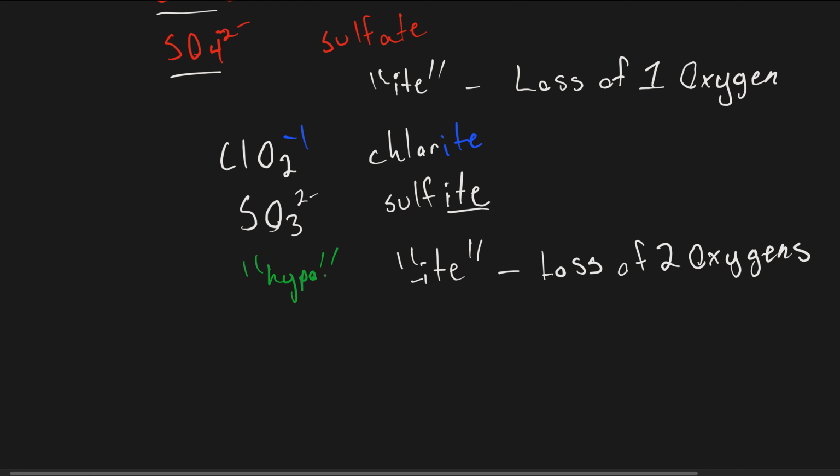Hypo. So let's take, for example, chlorate losing two oxygens. In the original, chlorate has 3 oxygens as its reference number. So if it loses 2 oxygens, it would just be ClO. Now remember, we still have to write that -1 charge.